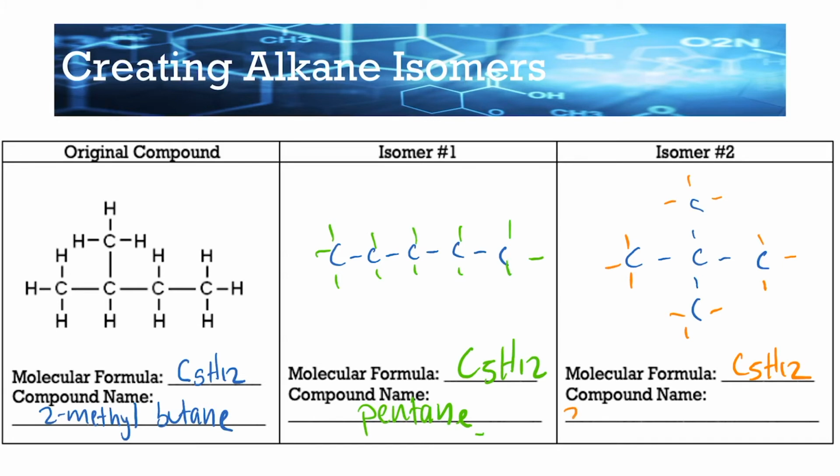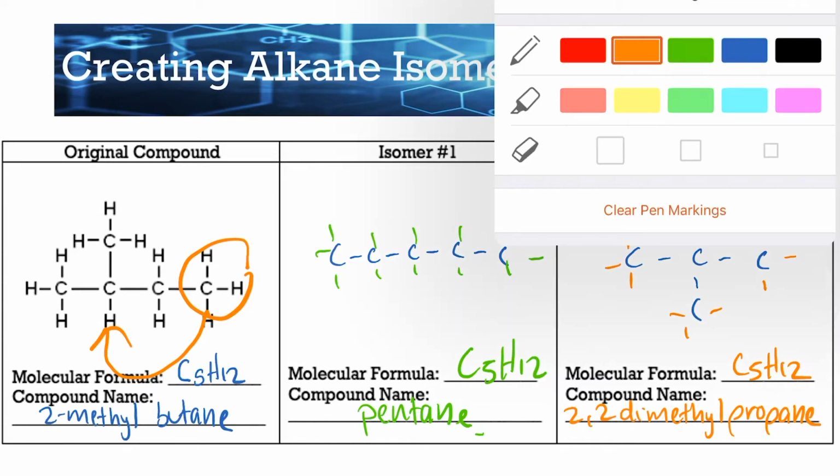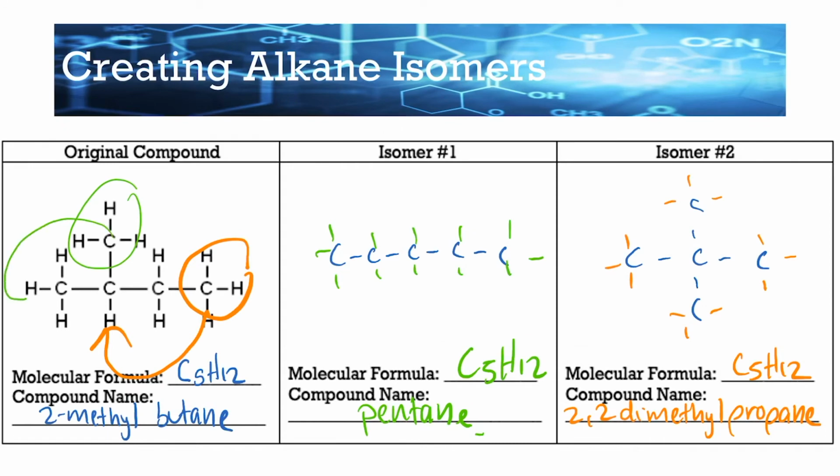And this is named 2,2-dimethylpropane. So again, all we did was take this and move it there to create the last isomer. And then to create isomer 1, all we did was take this and pop it at one of the ends.